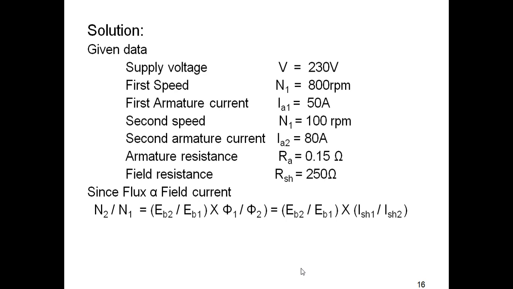And we know that the formula for back EMF EB is equal to PZNP by 60A.